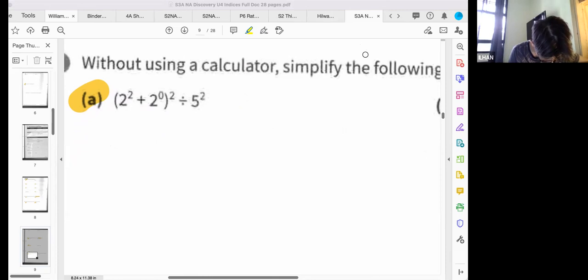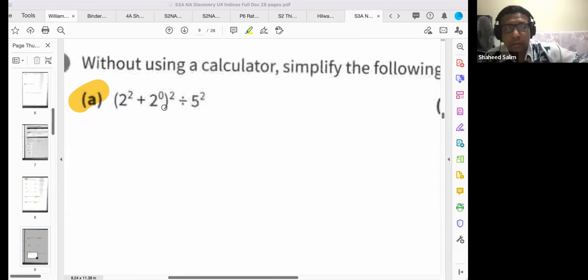Does it equal to 1? Yes, well done. So you get 5 to the power 2 divided by 5 to the power 2, answer is 1.